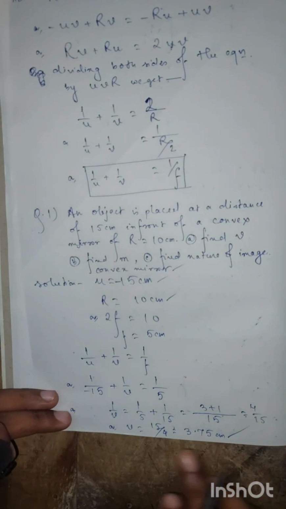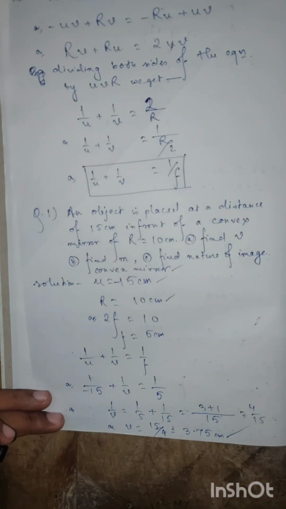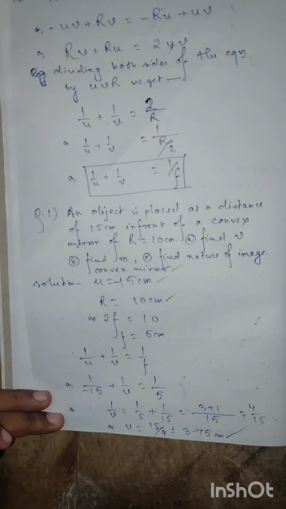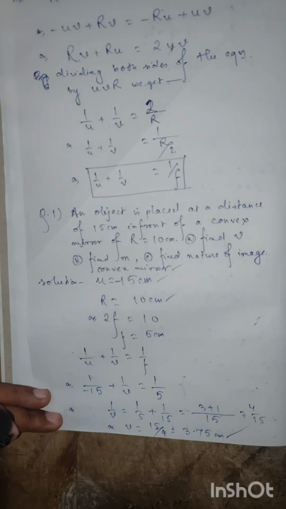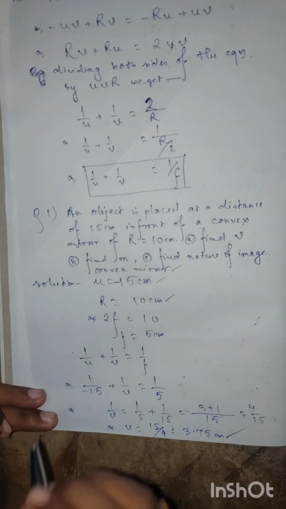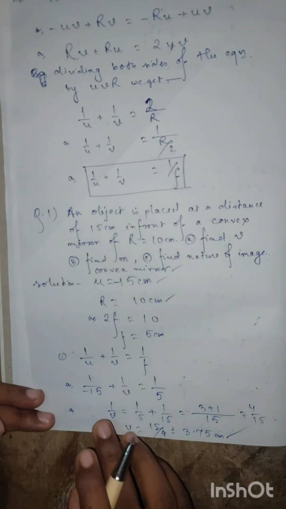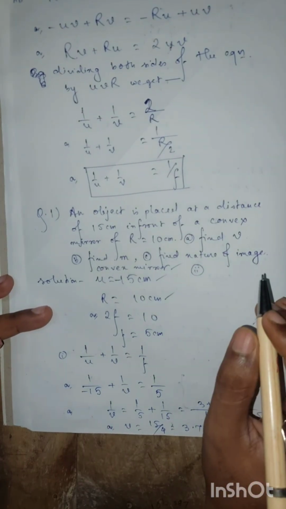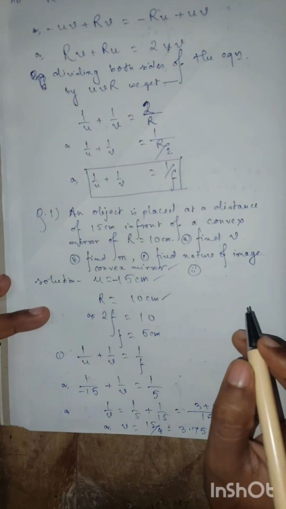So this is our image distance. This is part 1 of the question. Now part 2. We need to find out the magnification.